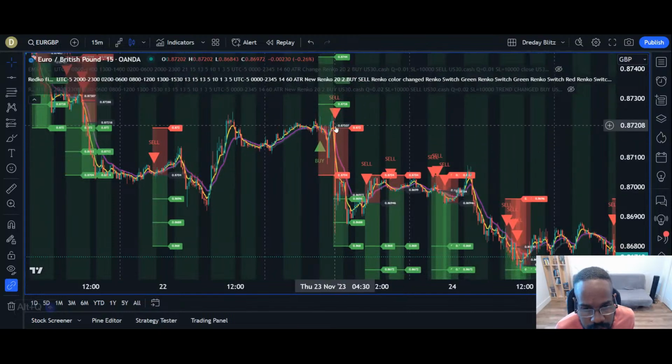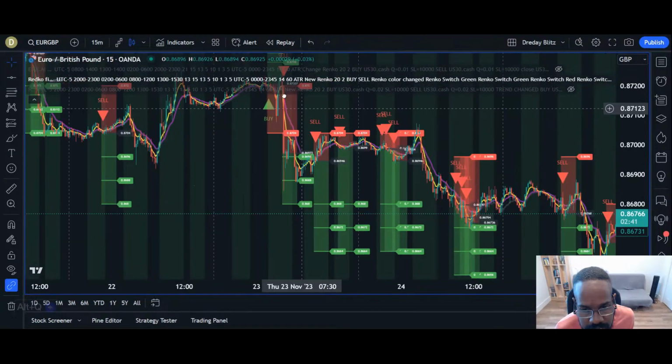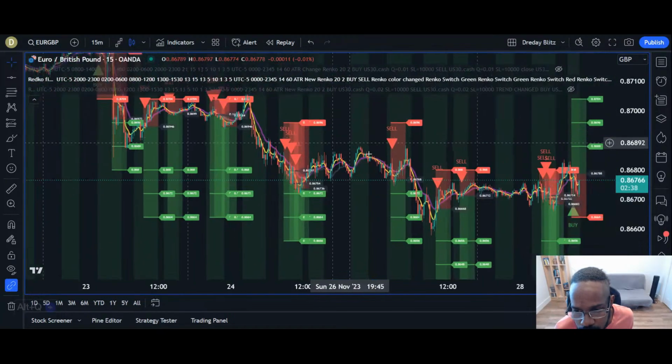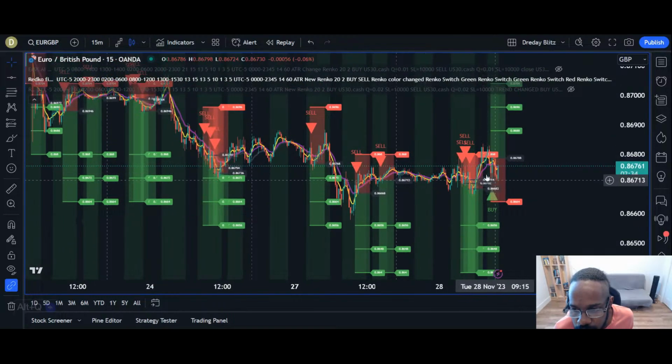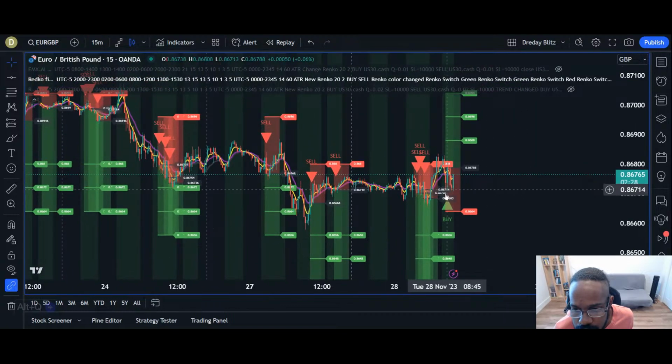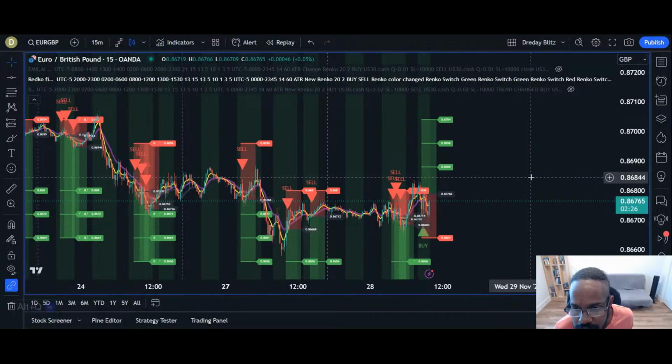So right now the trend has changed to sell, to red, so it's selling. We're only selling here from here to here. So when you see a buy, that means the Renko switched to green, and you're going to start receiving buys.